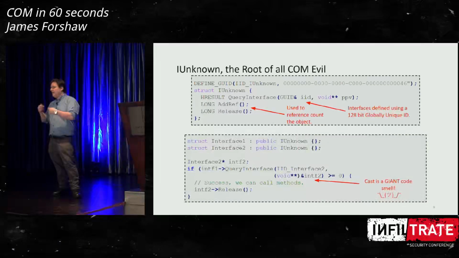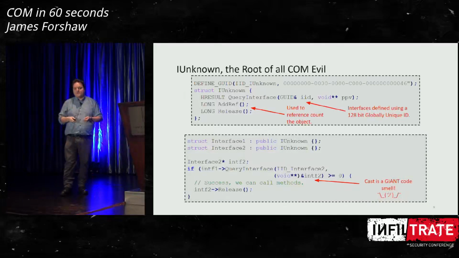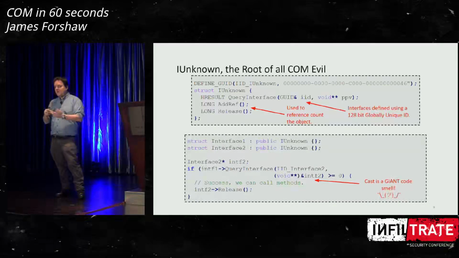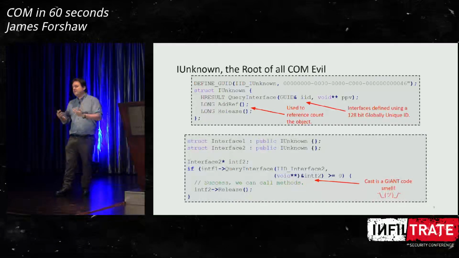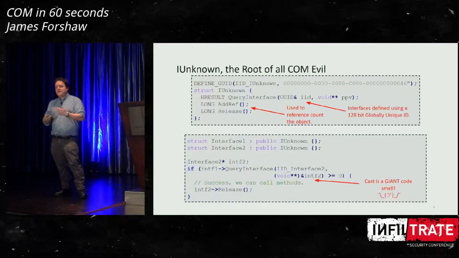But for getting rid of the casting problem, we have QueryInterface. QueryInterface takes as a parameter a globally unique identifier called the interface ID. This is instead of using names, because names wouldn't be unique, but instead all interfaces must have a unique identifier. You can see IUnknown's unique identifier at the top.